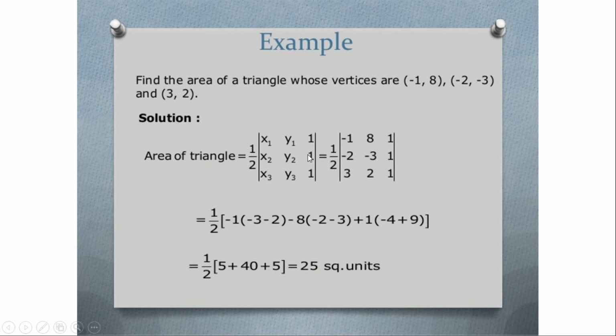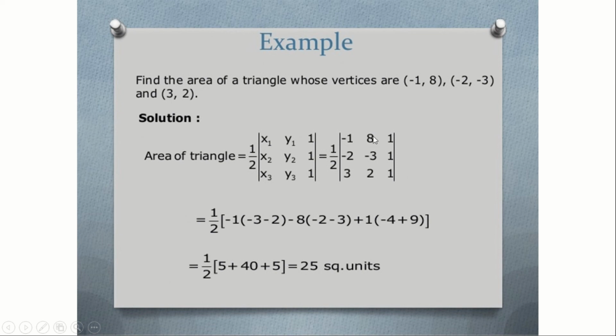So the area of the triangle is half into, first we take the first element in the first row, minus 1. These two get deleted. So we take minus 3 into 1 and 2 into 1. Minus 3 into 1 is minus 3, minus 2 into 1 is minus 2. Again the second element in the first row, that is 8.